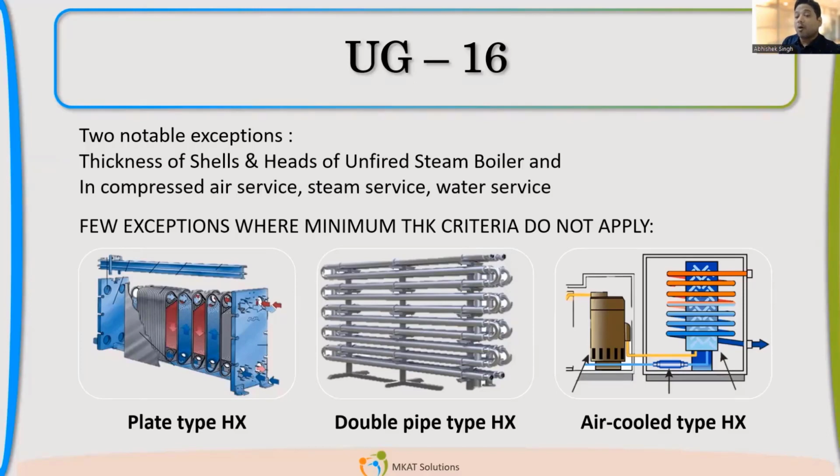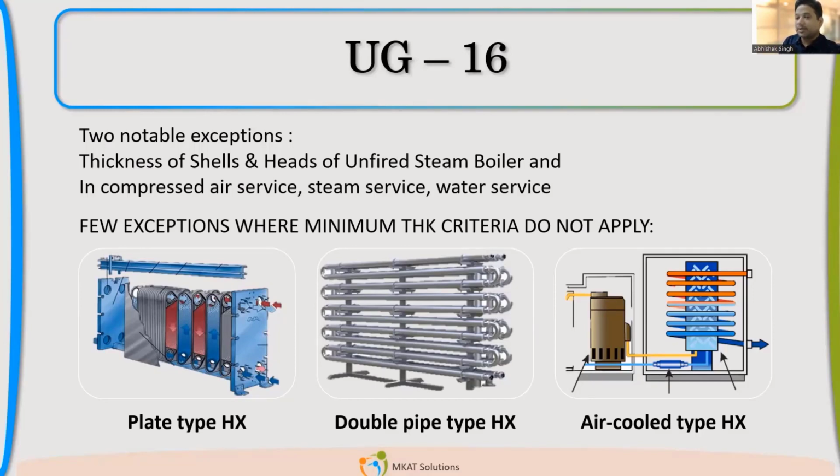Now for compressed air service, like we have air receivers, or a steam service, or a water service, because water is also very corrosive. For these three applications, the minimum thickness requirement is 2.5 mm.